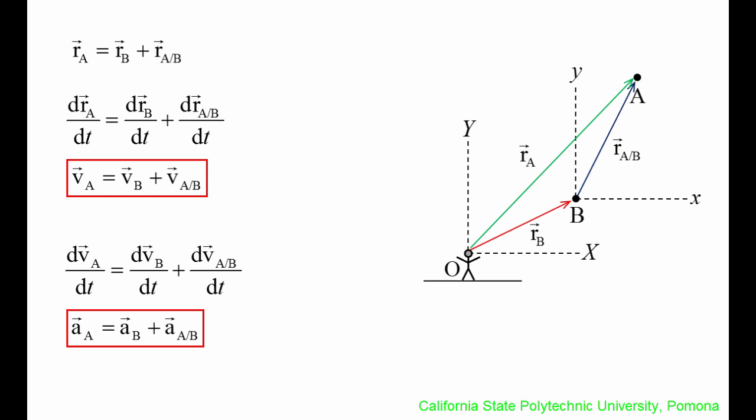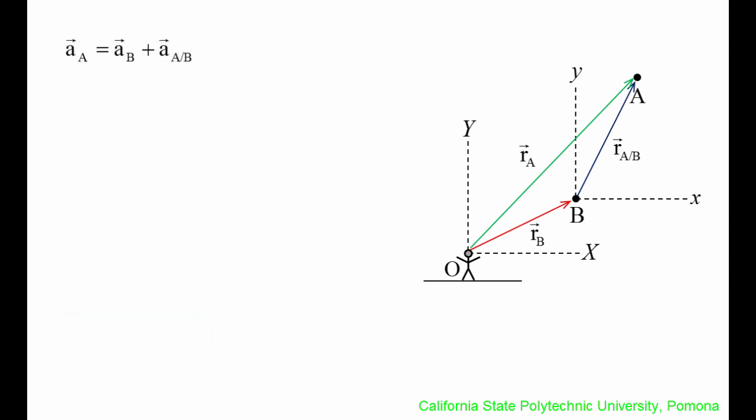The acceleration of particle A is equal to the acceleration of particle B plus the acceleration of particle A relative to particle B. AA and AB are the accelerations of the two particles as observed from the reference frame fixed at point O, while AAB is the acceleration of particle A as observed from the moving reference frame located at particle B.